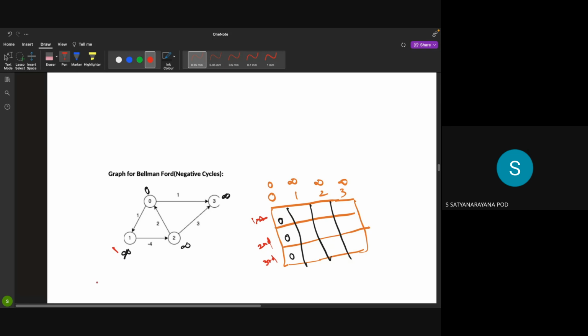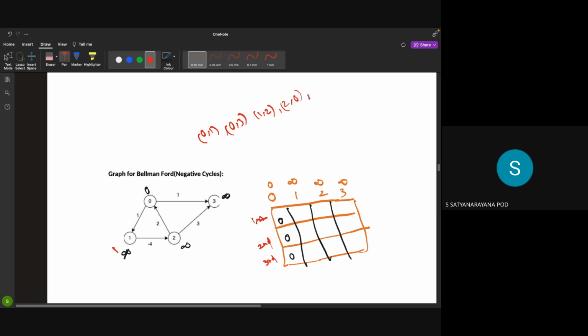Am I right or wrong? Yes, sir. The edges are: 0 to 1 is the first edge, the second edge is 0 to 3, the next edge is 1 to 2 as per the graph. Next one is 2 to 0.